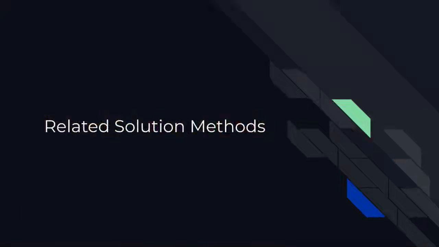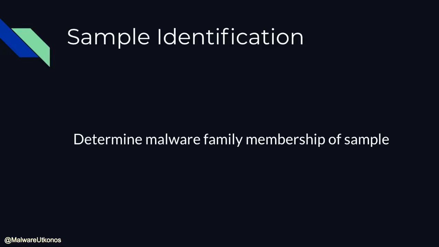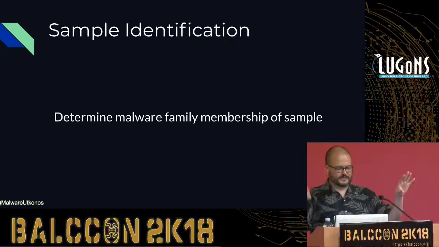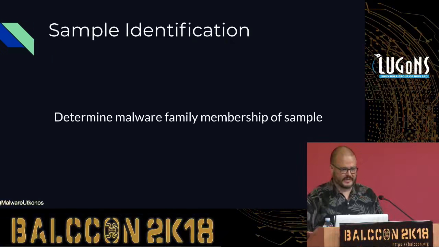So there's a couple of related solution methods, different methodologies for answering these questions and solving some of these problems. And there's two different ways to think about this. So sample identification, that is the what is it that I'm looking at? What malware family is it?